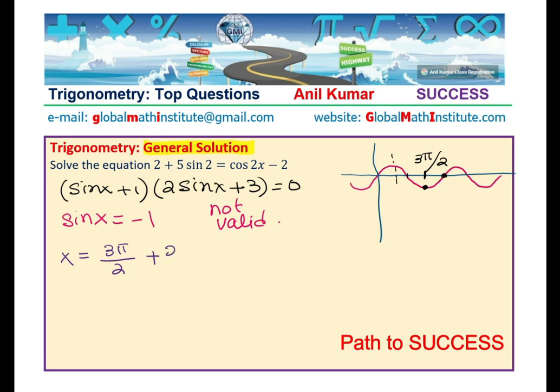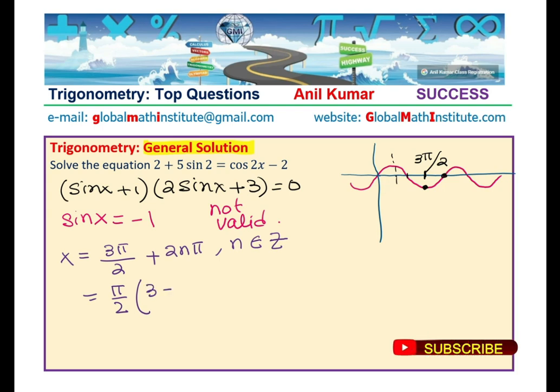Because it is a periodic function which repeats after every 2 pi, where n belongs to integers. Okay? We can take pi by 2 common, and we get 3 plus 4n as a general expression for the value of x.